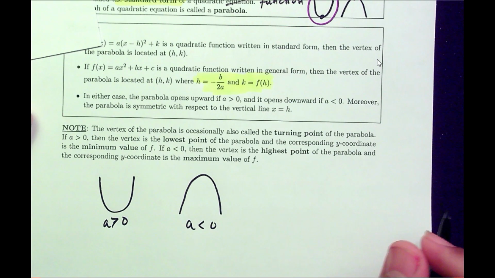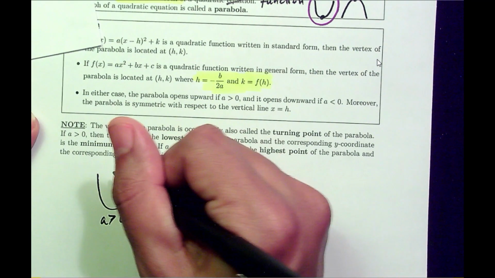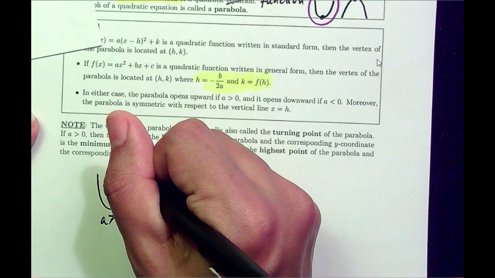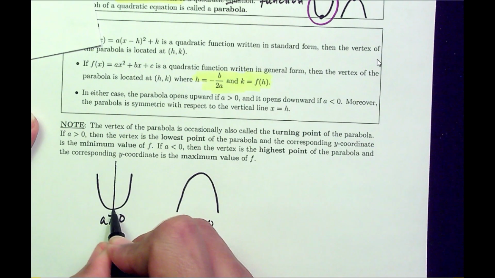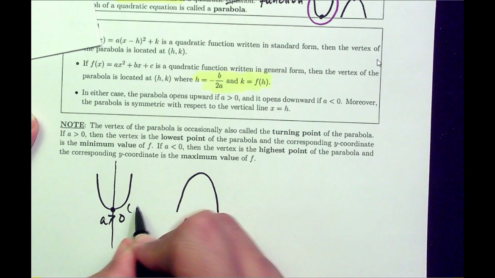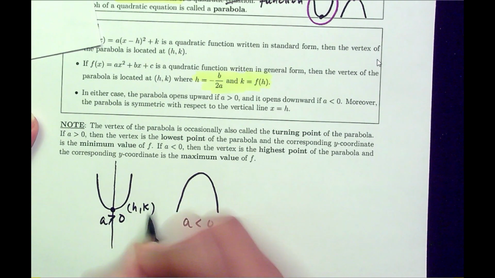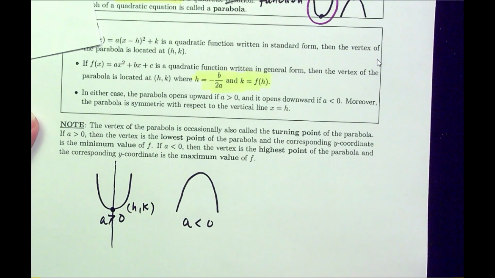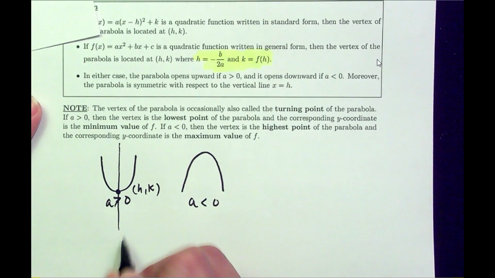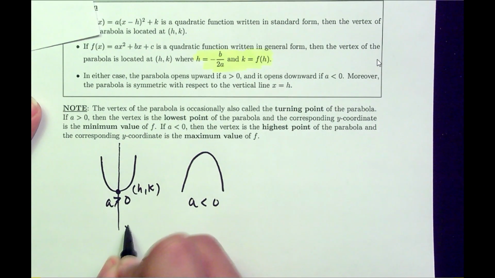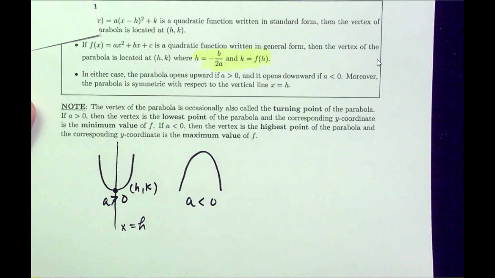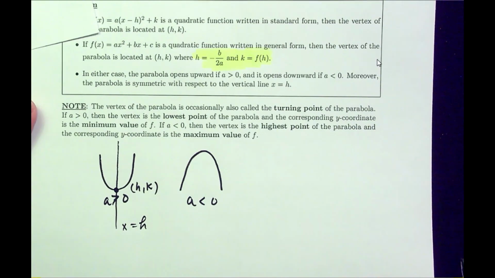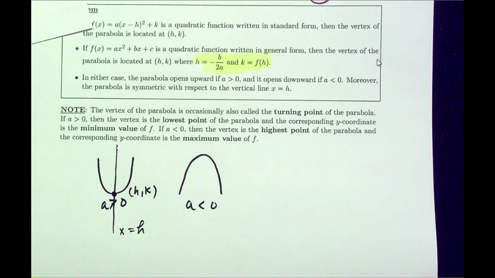And also, the parabolas are symmetric with respect to the line that passes right through the middle. The coordinates of the vertex are (h, k), and the line that passes right through the middle is always the line x equals h. That is the equation of the line that passes through the middle.